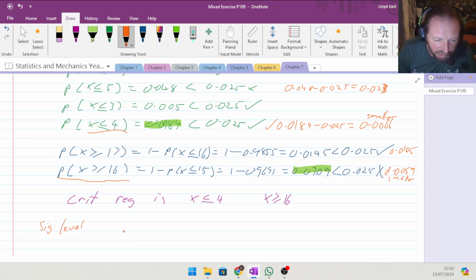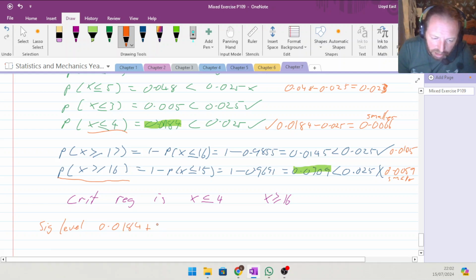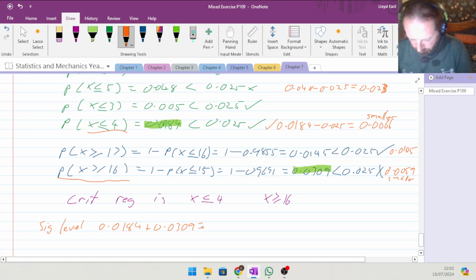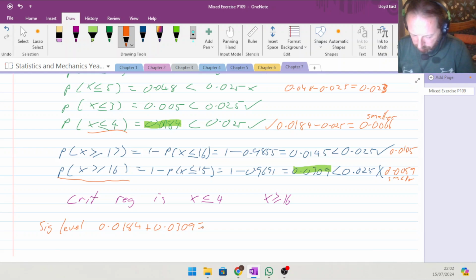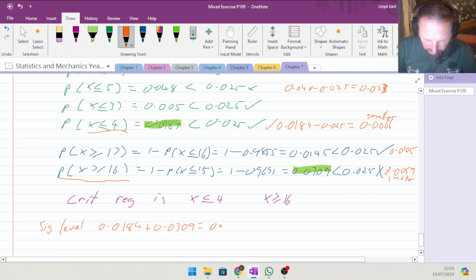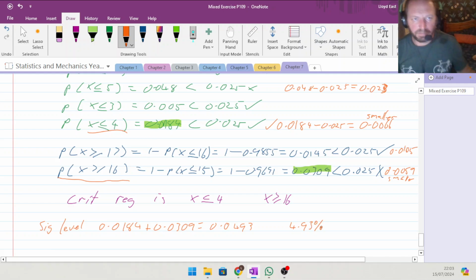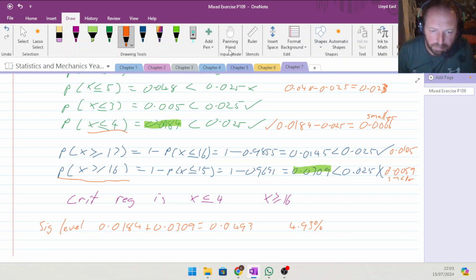So the significance level is 0.0184 plus 0.0309, and that gives us 0.0493, so 4.93% is the significance level of this test.